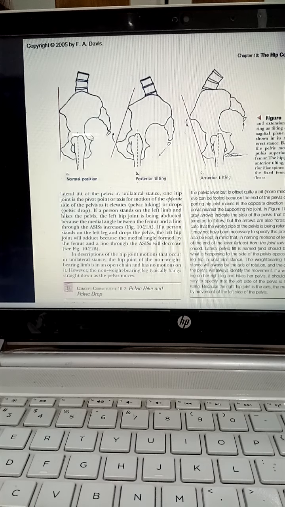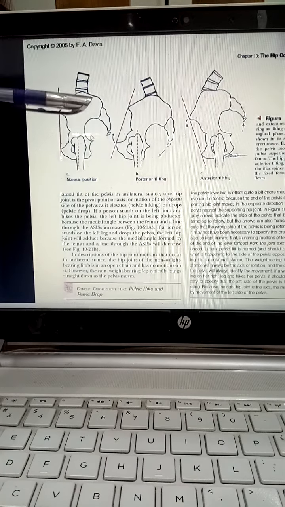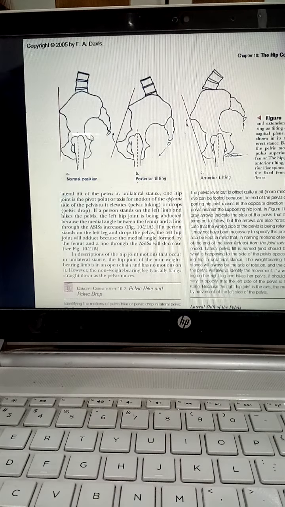So in this diagram, in the normal position, as anterior and posterior pelvic tilt occur in the sagittal plane, we have to analyze the position in the side view. So in the normal position, what will happen? This is the pelvic bone, this is your femur.